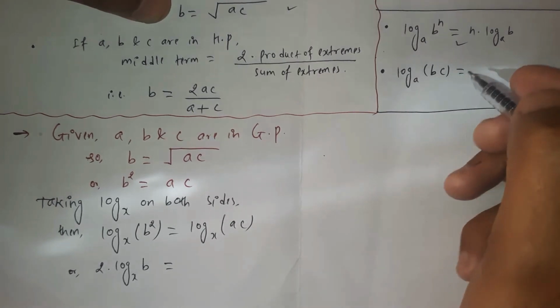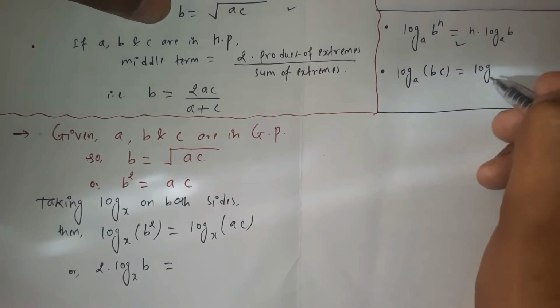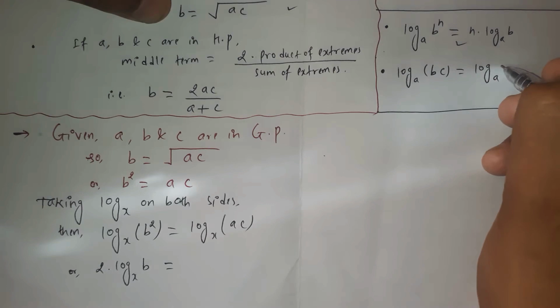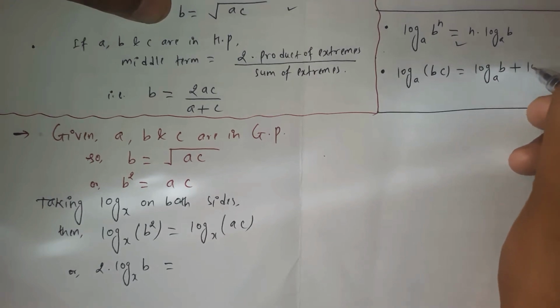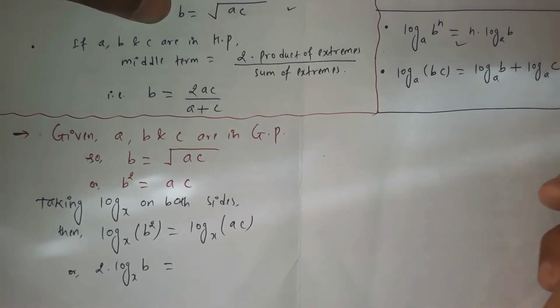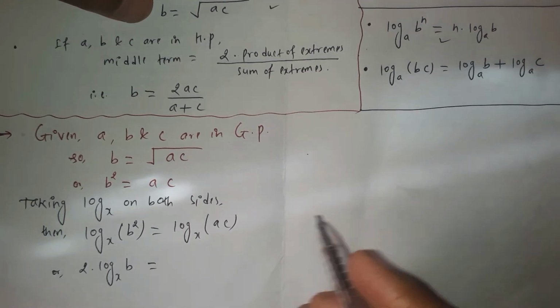The logarithm of the product of numbers is the sum of the logarithms of each number. This is equal to log with base a of b plus log with the same base of the next number c. This is called the product formula on the logarithm.